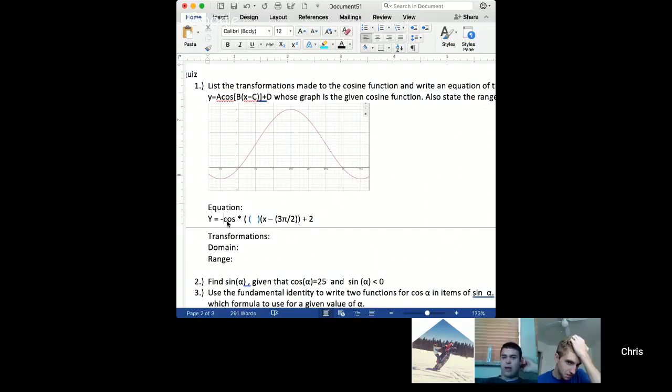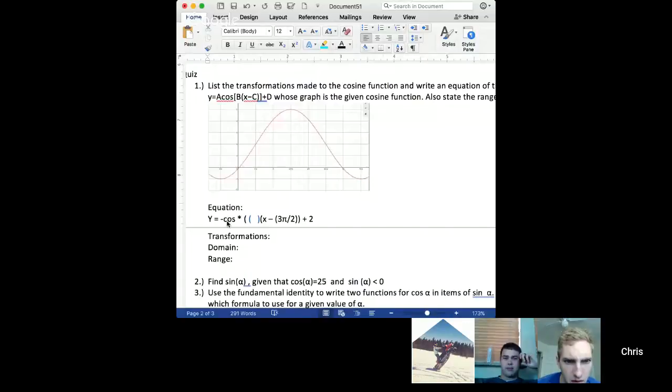Well, a regular cosine starts at 1, doesn't it? Yeah, but this is flipped inversely. Why is it flipped inversely? Because a regular cosine starts at 1, 0, and then goes down to about -1, and then back up to 1.